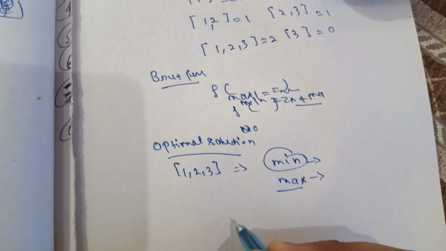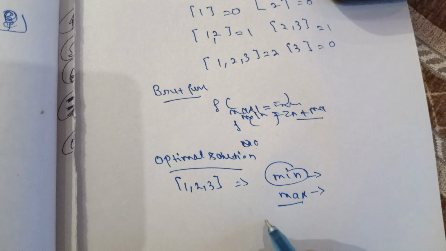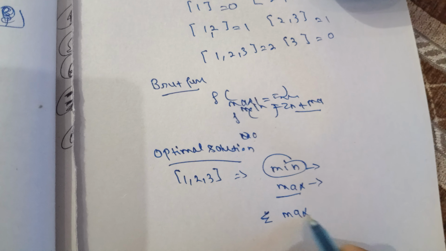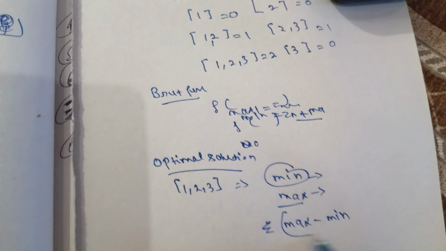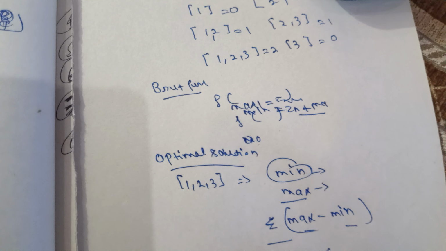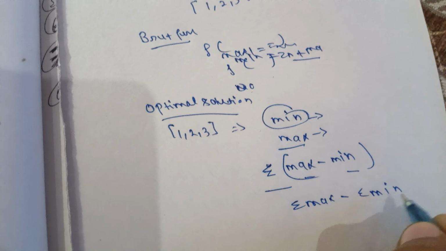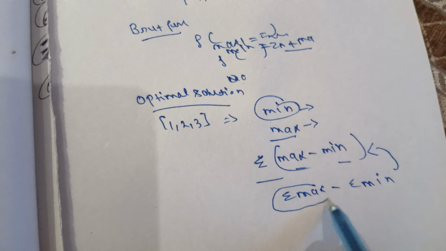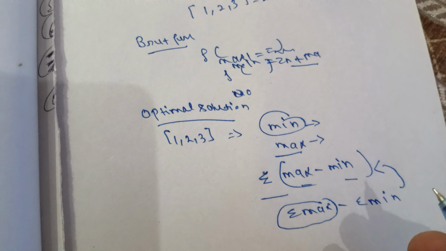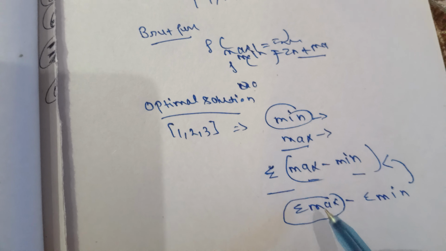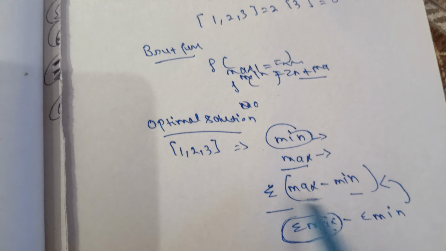And at the last, just like we do above, we compare max minus min and we do the whole sum. So if we distribute the sum between them, the sum of max minus the sum of min will also give the same result.